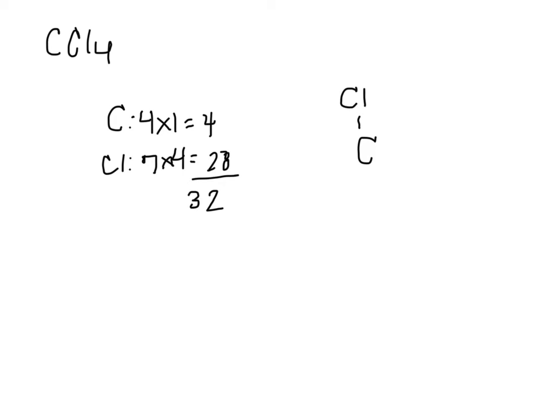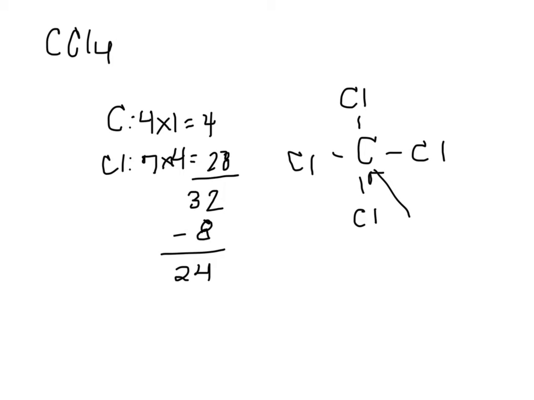But if I go ahead and just bond them all together, I'm going to use 8 of these electrons. That's going to leave me with 24 electrons remaining. Carbon right now fulfills the octet rule because it's sharing 8 electrons with its chlorines. However, each individual chlorine right now only has 2.